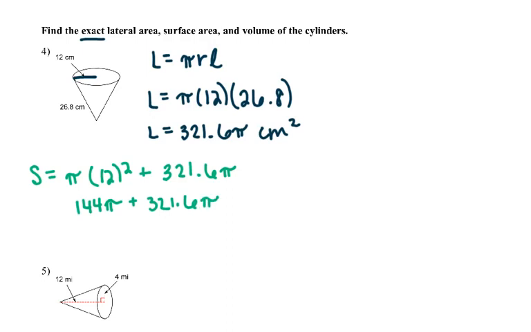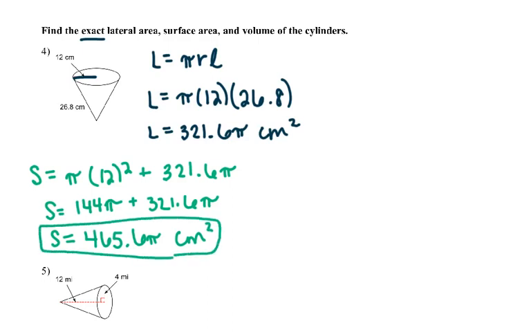So that is a total of 465.6 pi. It's a lot of pies. And that's square centimeters. All right. So there's our total surface area. And we found our lateral area.